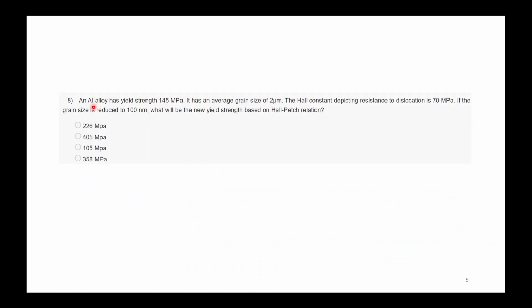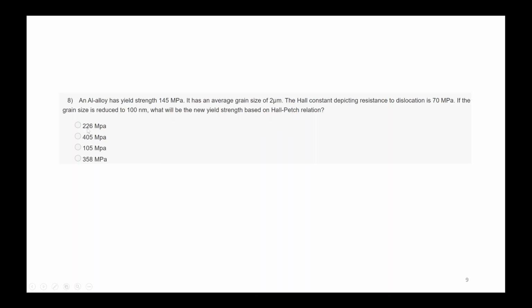Now, question number 8. An aluminium alloy has yield strength 145 megapascal. It has an average grain size of 2 micrometer and the Hall-Petch constant depicting resistance to dislocation is 70 MPa. So, if the grain size is reduced to 100 nanometer, what will be the new yield strength based on Hall-Petch relationship?